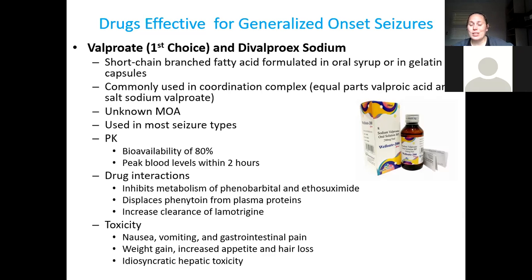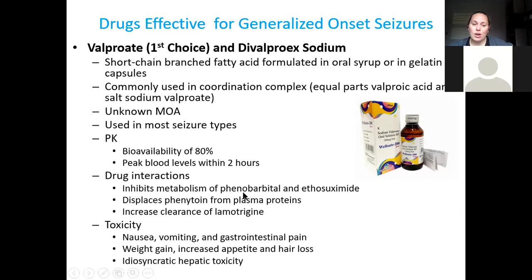So it's interesting that it has been proven to be effective, although its mechanism of action has not been completely worked out. You can see here the PK, fairly bioavailable, within about 2 hours. Drug interactions: it inhibits metabolism of things like phenobarbital and ethosuximide. It replaces phenytoin from plasma proteins and increases clearance.